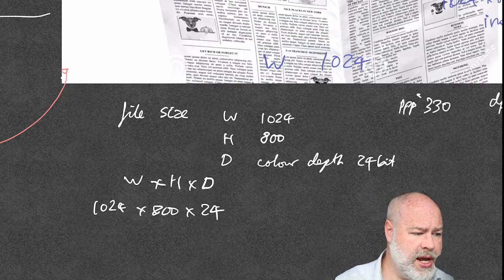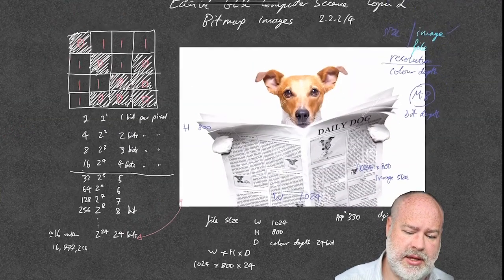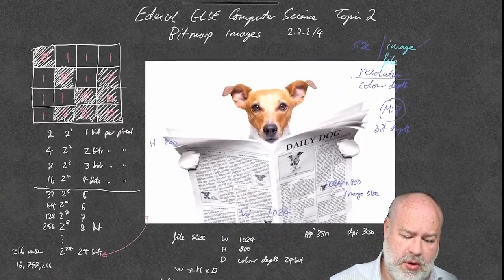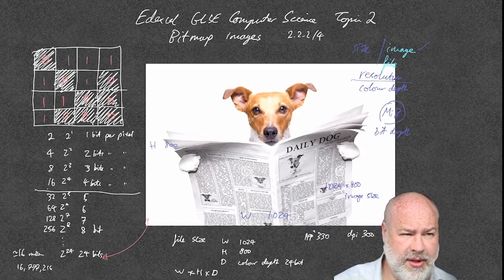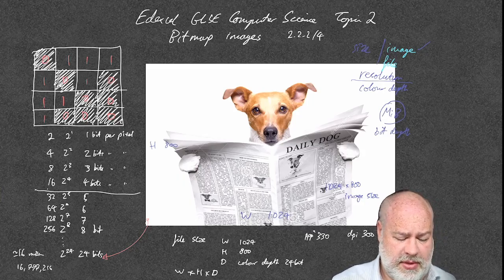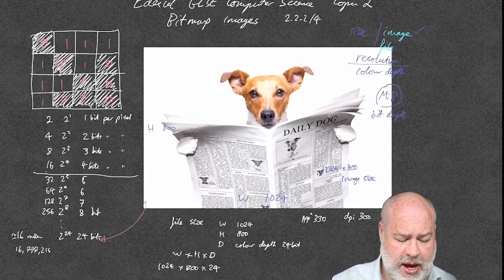So hopefully so far you've got an idea of at least what the image size is, and that it's different from the file size, which takes into account the bit depth. And then to have bit depth, we need to know how many colors to represent for each pixel.